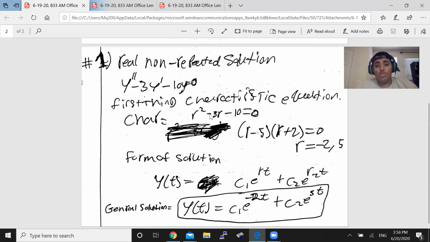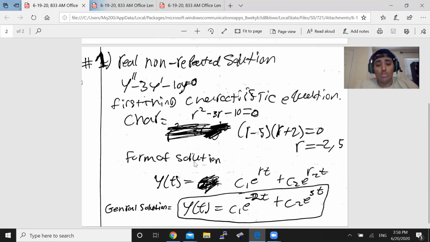This is a simple equation where I didn't even have to use the quadratic formula. I just factored it: r minus 5 times r plus 2 equals 0. Now we know that r equals negative 2 and 5.